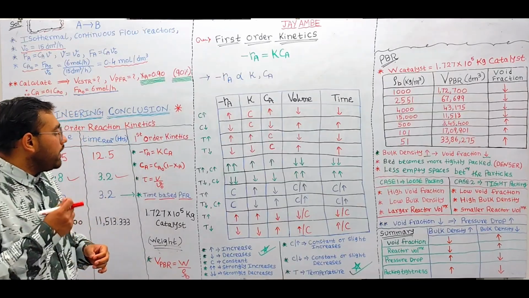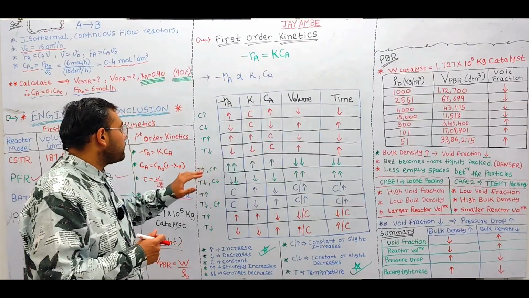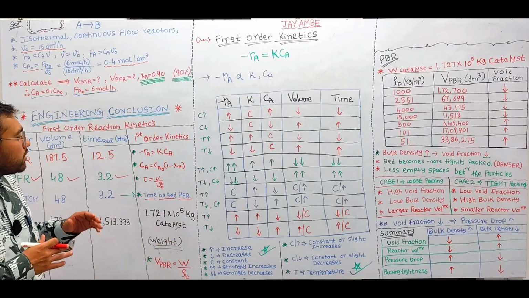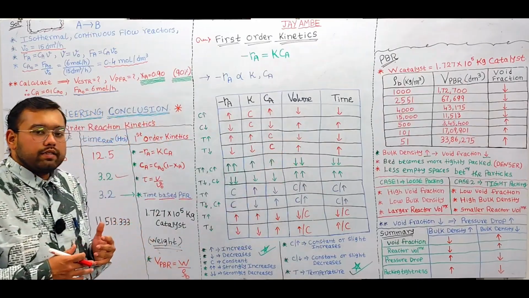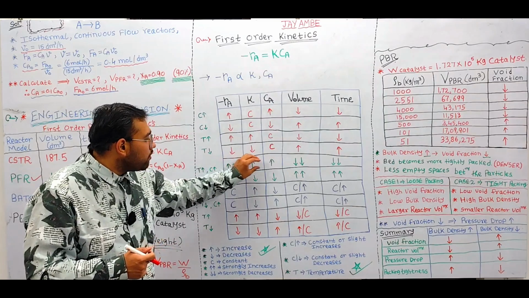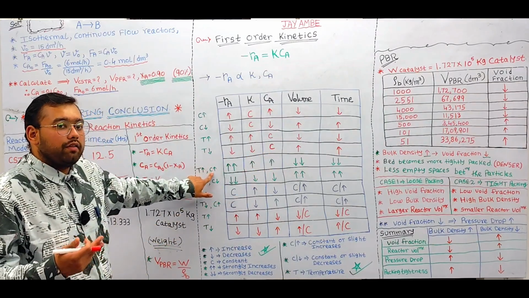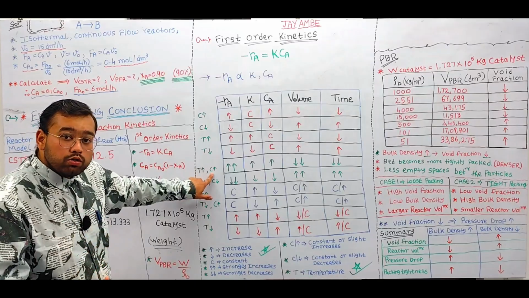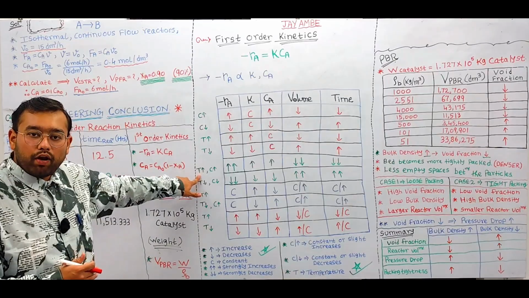Now we'll understand the engineering interpretation for the fifth part, right? This phenomenon is observed when there is an increase in the concentration of the reactants present in the reaction environment, and also an increase in the temperature of the reaction environment, right?